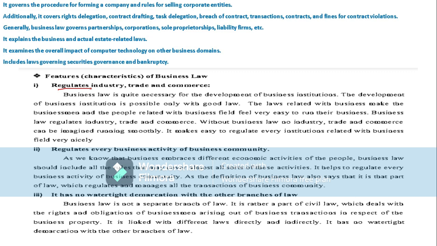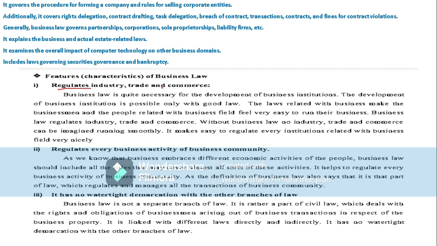Therefore the first and foremost feature of business law is that it regulates the industry, the trade and the commerce, meaning the business activities and business relations, all will be regulated by the business law.